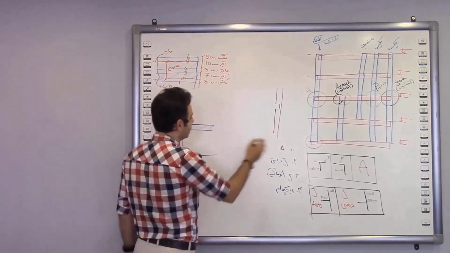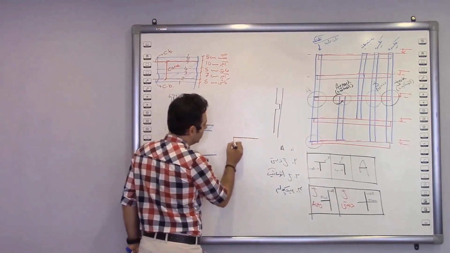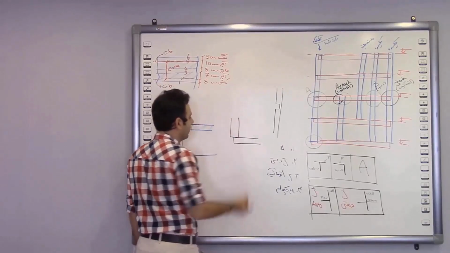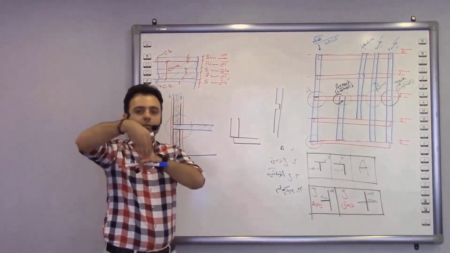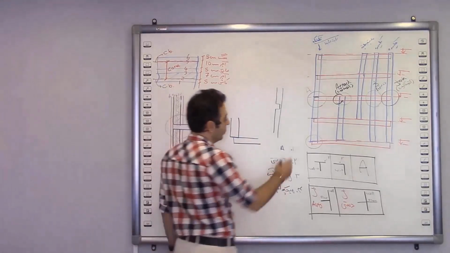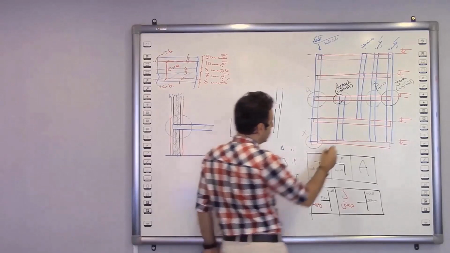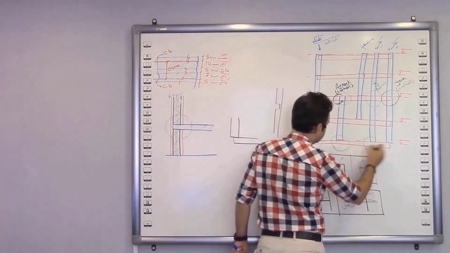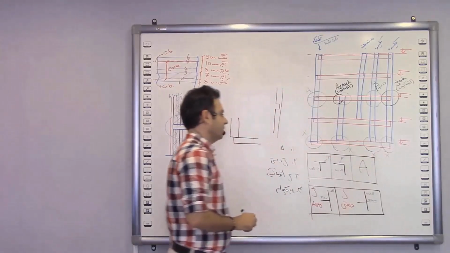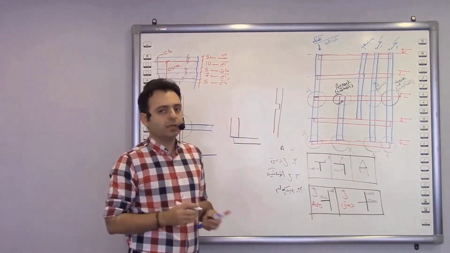And secondly, they don't have interference. Let me draw it a bit bigger. You see, this is the floor and that's the wall. They're sitting on each other, they have nothing to do with each other. So here, no interference. And neither in here, or even here. Yeah? No interference and no need to be fixed.